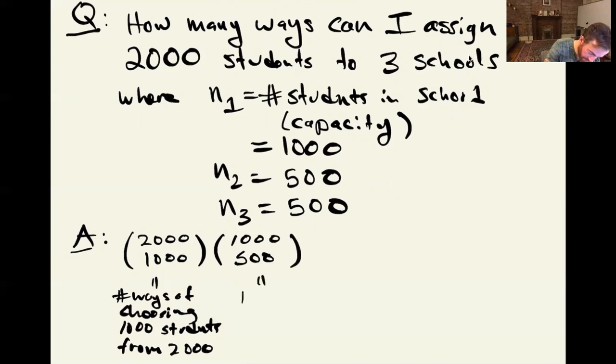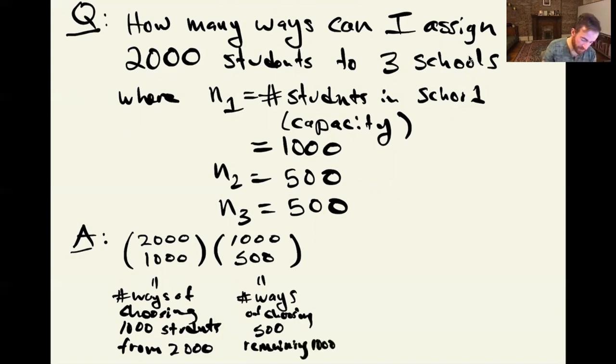And so that's the number of ways of choosing 500 from the remaining 1,000. And so what do you have left? You have another 500 students left. It's 500 choose 500. And just like in kickball, whoever's last, there's no choice. So this also just equals 1.